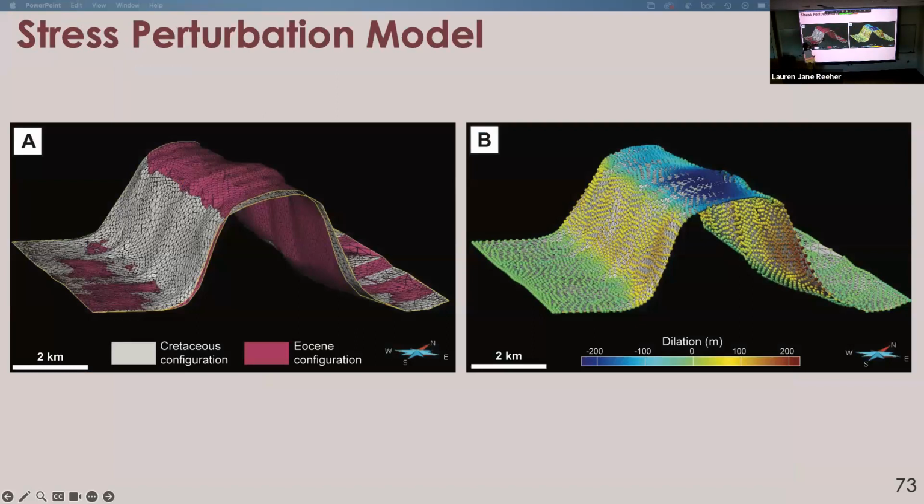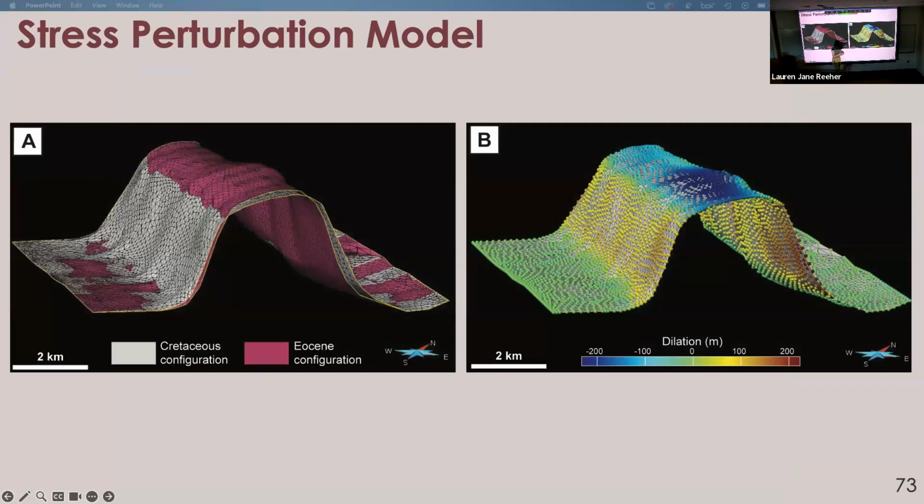Now, again, we want to look at the elastic response to a change in shape along the top of the salt. So what I did was I took the Cretaceous configuration and the Eocene configuration and subtracted the two, and then applied that vector difference to each point on the surface.